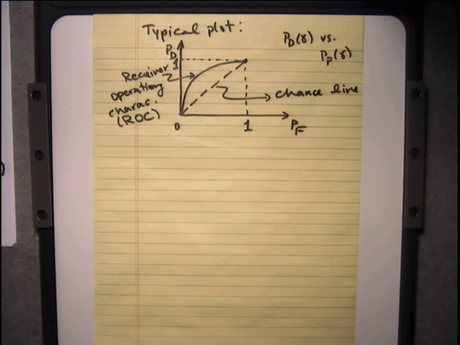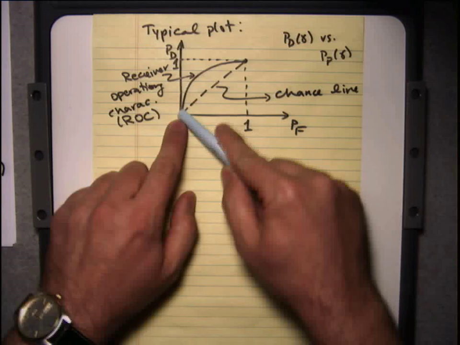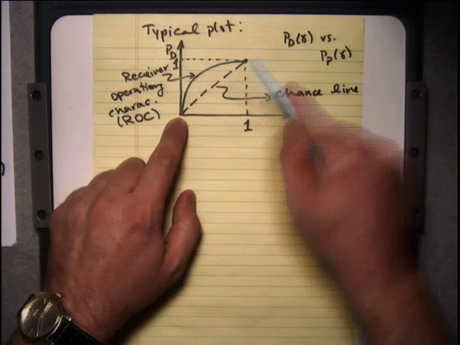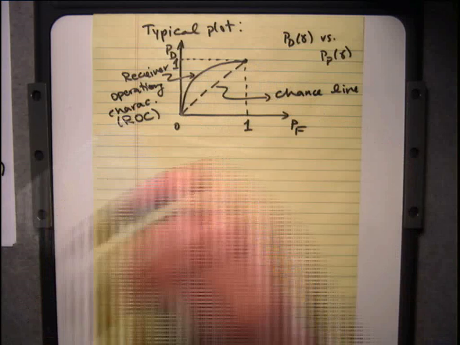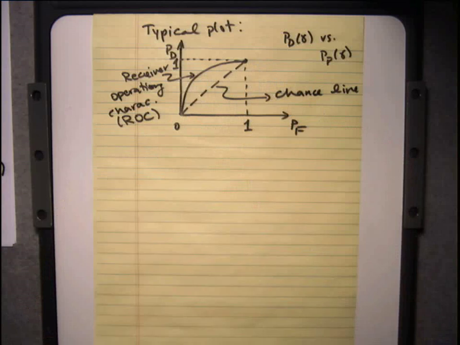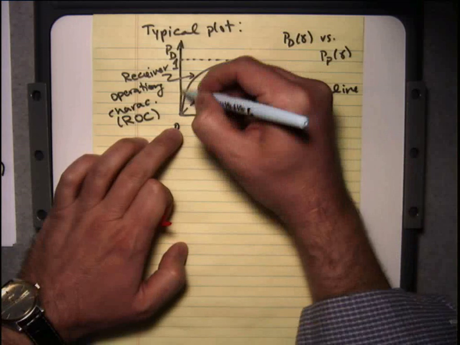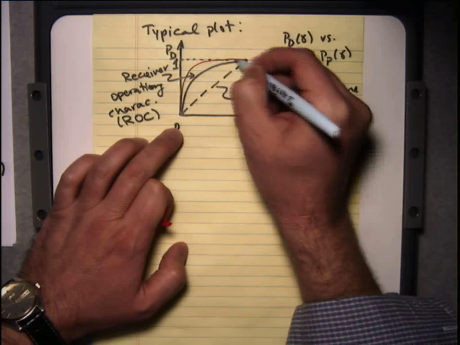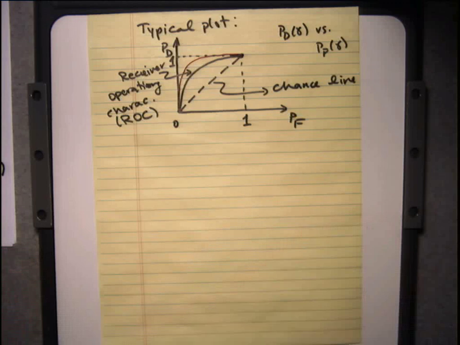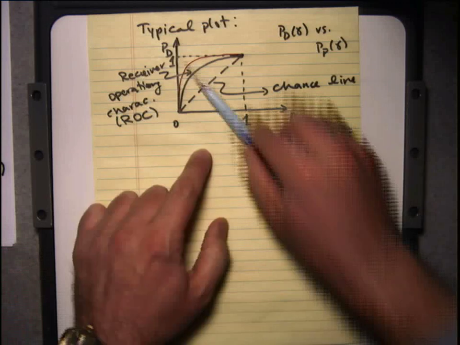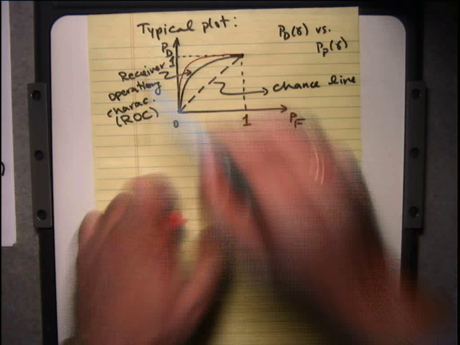So, by the same logic, the farther away from this line your performance is, the better your system. So for instance, if your performance was here versus here, which system is better? The red one. So the farther away from this line you are, the better you're performing.